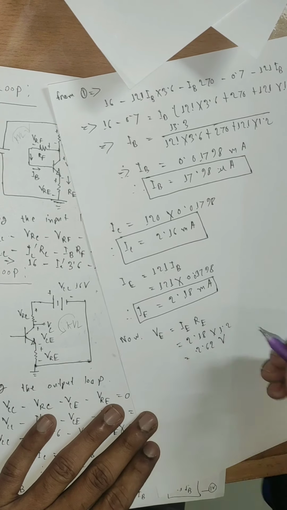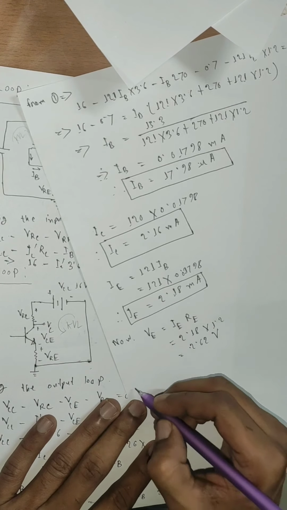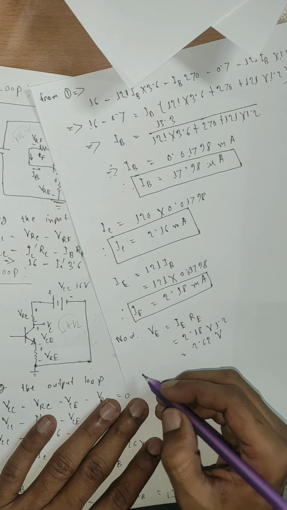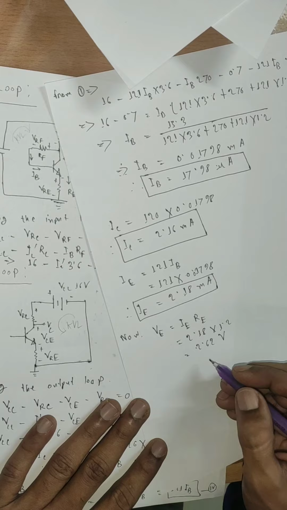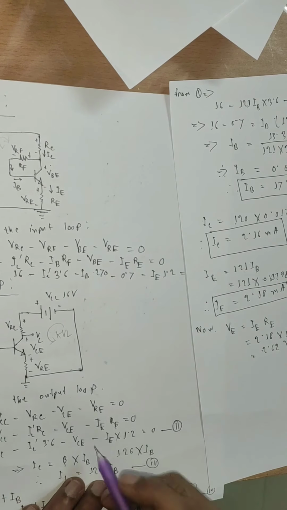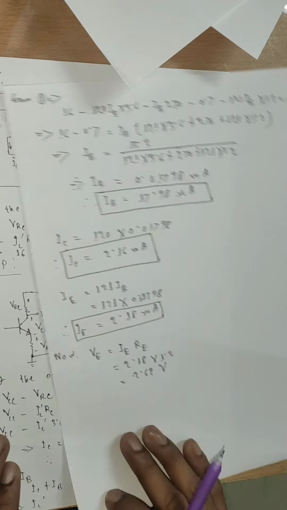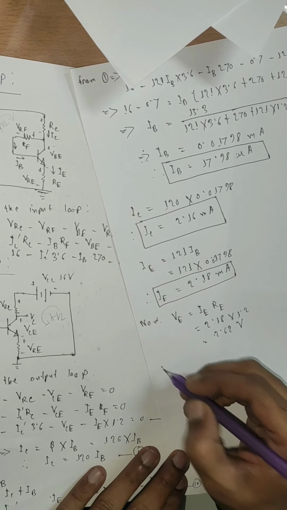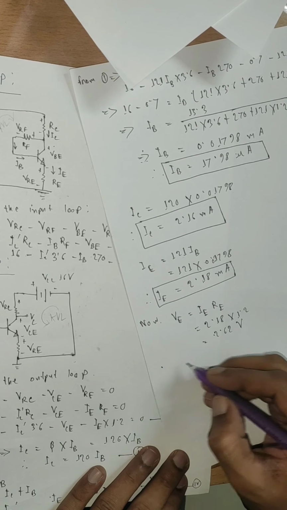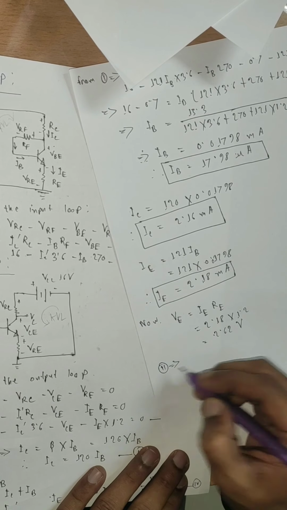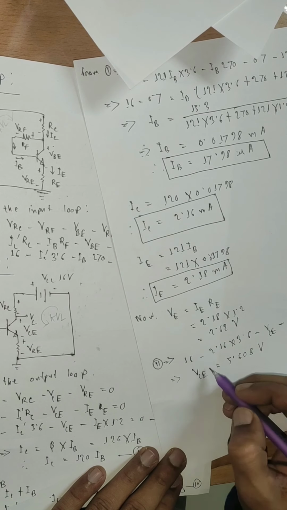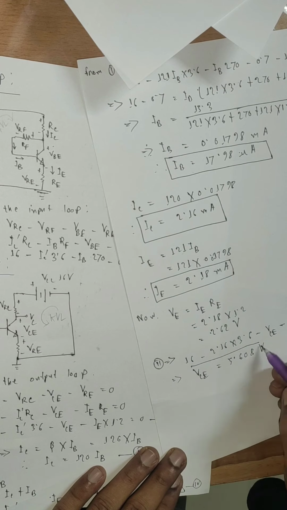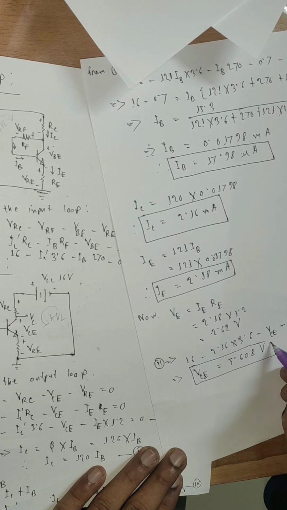Okay, so now we can find VCE very easily from our equation number 2 actually. So let's find VCE. It's already applied in the Kirchhoff's voltage law. Okay, so now we also know VCE as well, and this is VE.